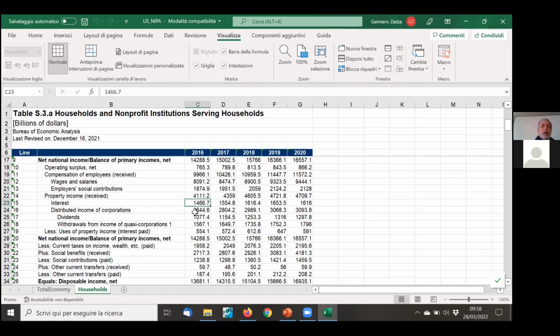The other thing which is not normally known, and I don't think I'll discuss it later, is that interest in national accounts is becoming a messy story, because when we read interest, we think it's the money that, let's say, the banks have paid to whomever owns a bank deposit, and the interest paid by households is the interest they pay on their mortgage.